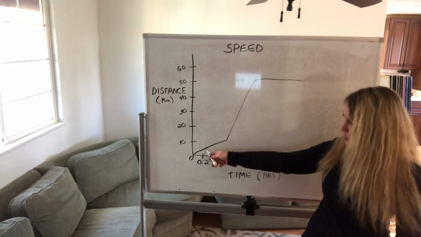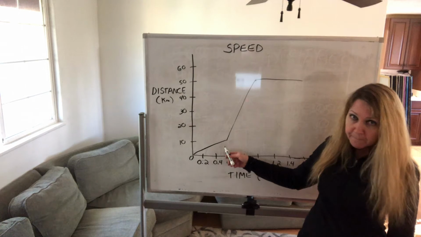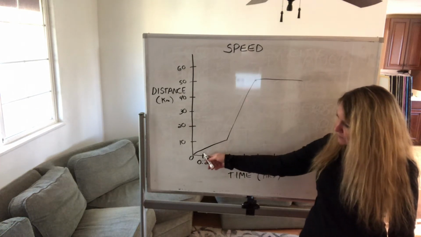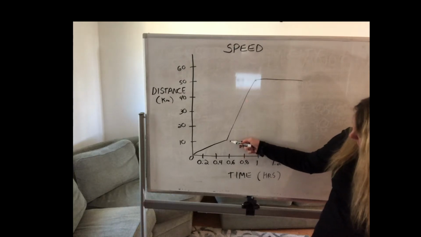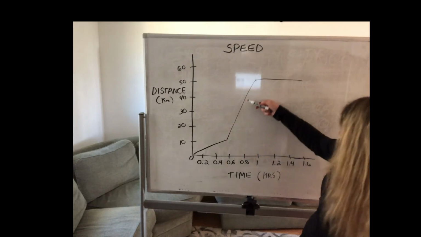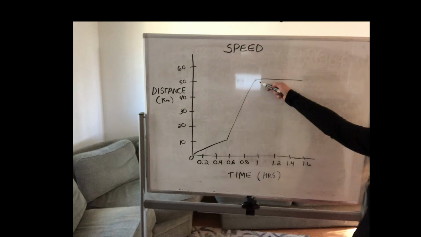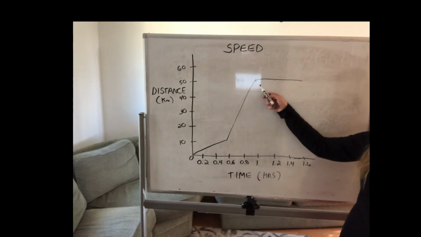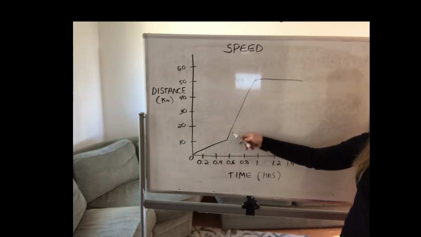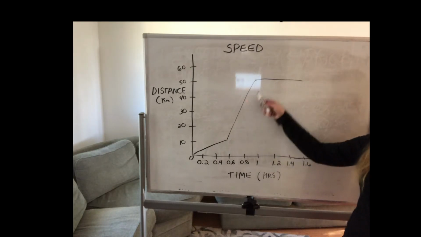You can see the slope is going up. The slope is increasing. As we get to about a half hour to about 0.8 hours, we can see the slope is increasing even more here. It is increasing at a higher rate.